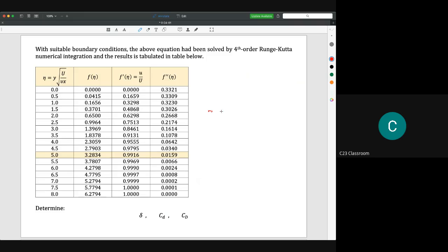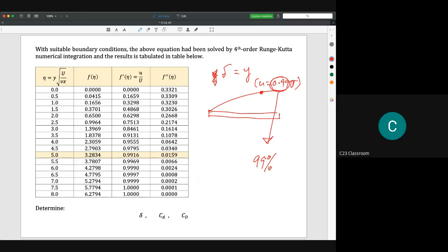As you know, the Blasius solution is called the exact solution because it uses the idea of y equals delta when u equals 0.99 capital U. So it takes the idea of 99%. According to this table, we assume that f prime of eta is equal to u over U, the ratio of the local velocity to the free stream velocity.